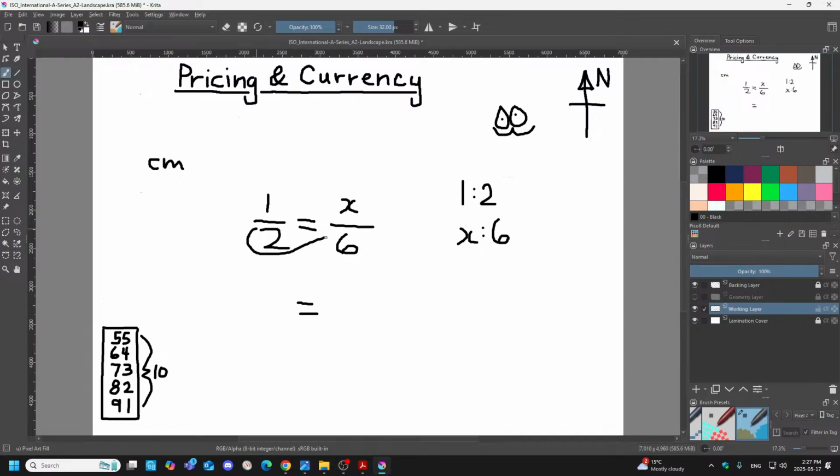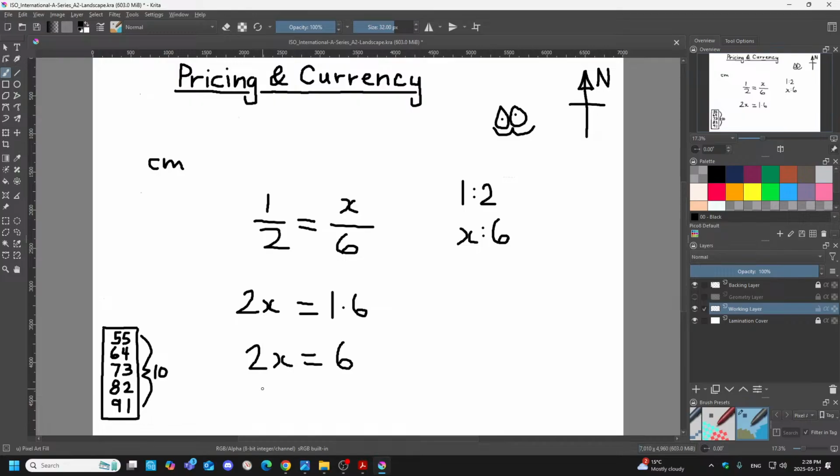My kid will even go like this so he doesn't mess it up. That's fine. You can do that. 2x equals, now the other side, 1 times 6. There we go, 1 times 6. So we're left with 2x equals 6. But we're not done yet.